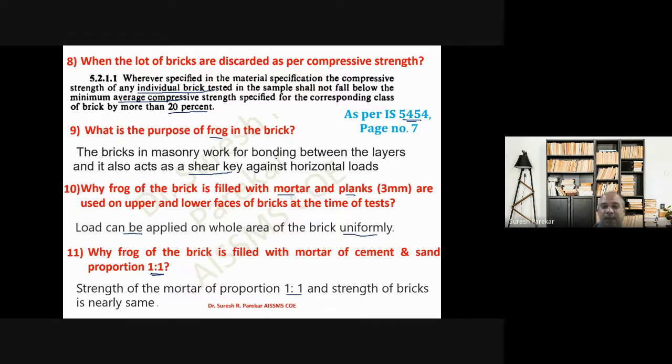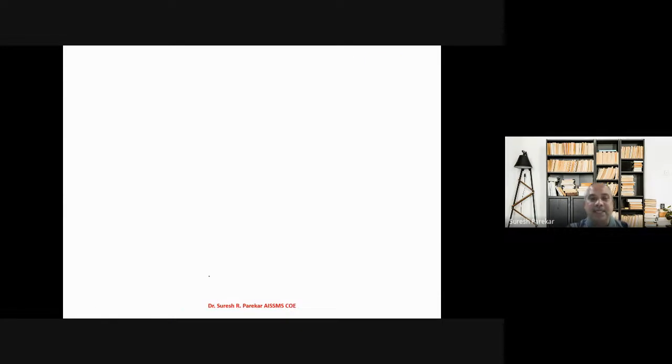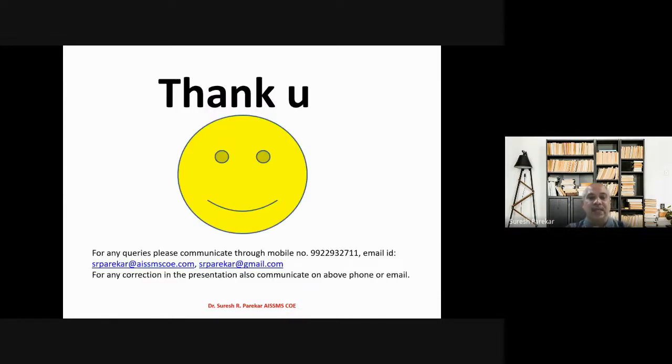And likewise, once our bricks are ready, we use UTM and apply the load, and by applying load we get the failure load, and by that failure load we are in a position to calculate the compressive strength of the bricks. So these are the questions which are related to the compressive strength of the brick. So now we will stop here only. Thank you.